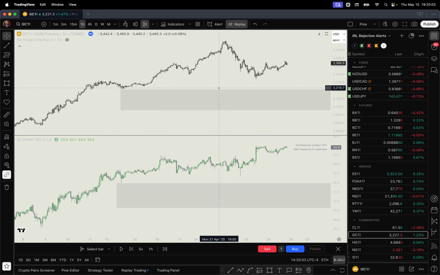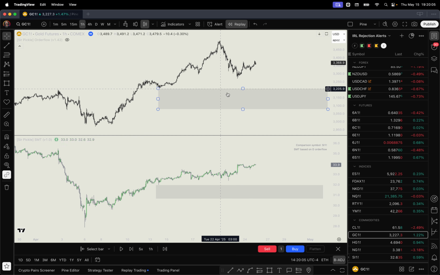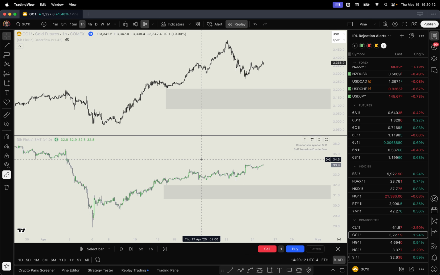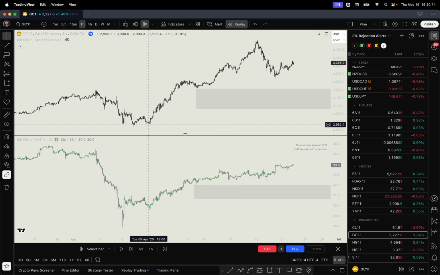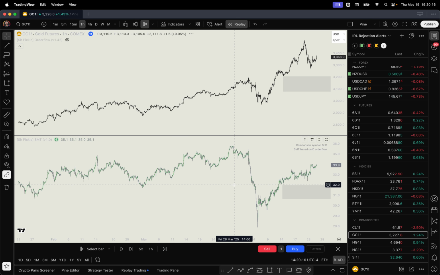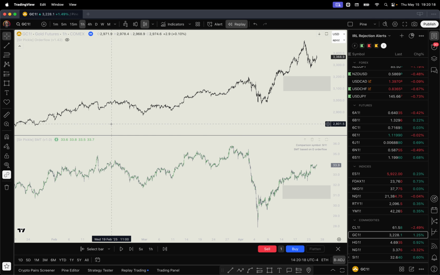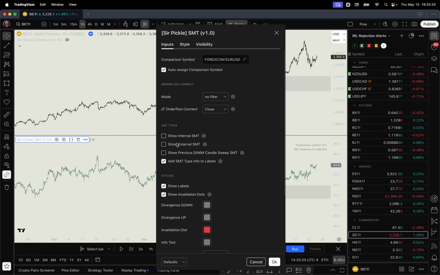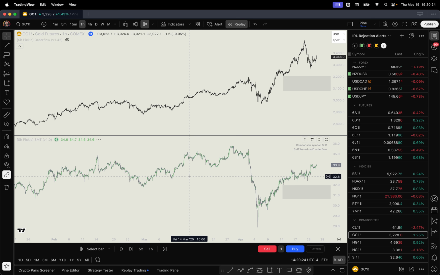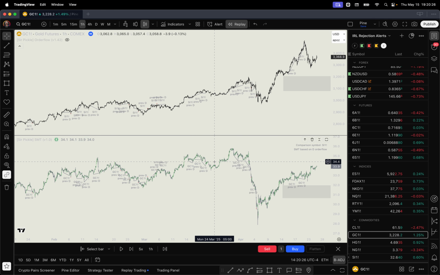Let me show that in a real example. So you see here again, this is always showing you what is the current higher time frame that we're looking at. And if I am on daily, it shows us right now nothing, because I have nothing activated here. So we have to activate this, and it then shows us the previous candle sweep.